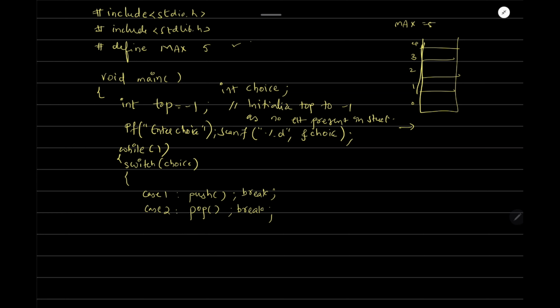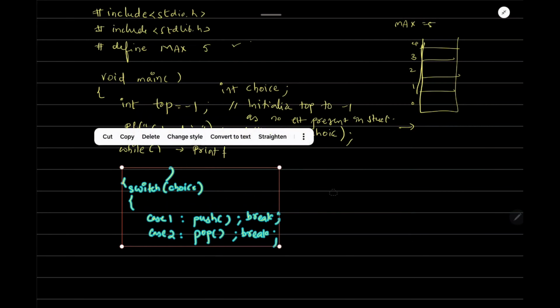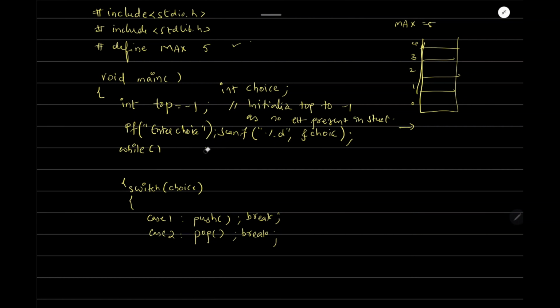Before it, I think I should write this. After while, otherwise I will do one thing. So while, one printf: 1 for push \n, or I can simply put a \n or \t, anything is fine. Next, 2 means pop, 3 means peek, 4 means display, 5 means search.